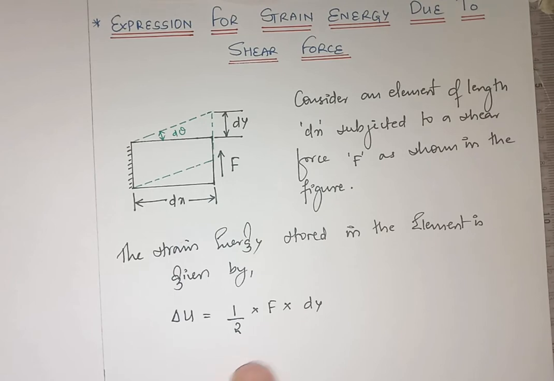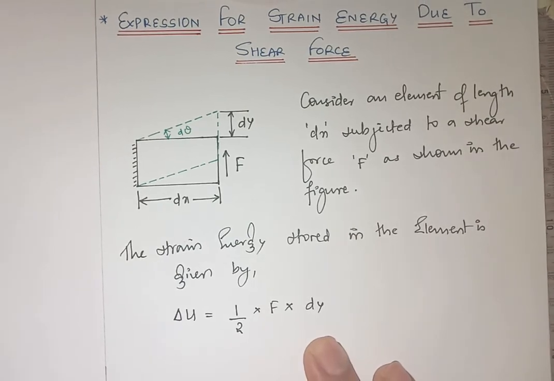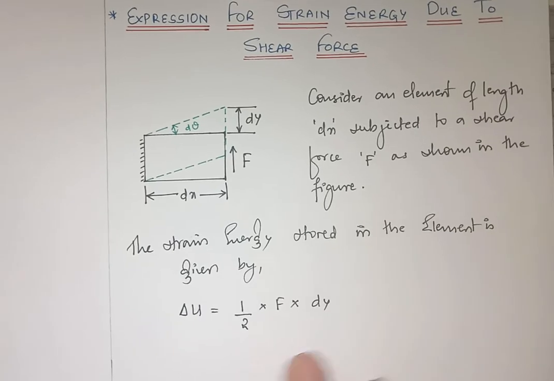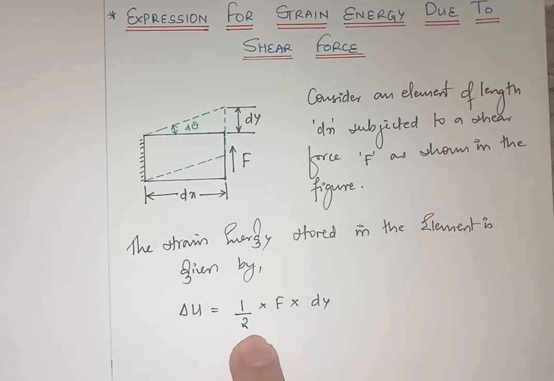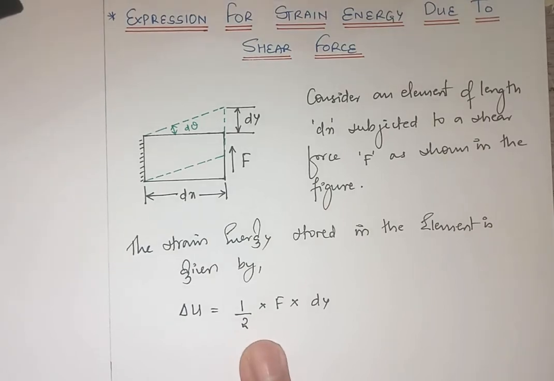I have taken that because it gives me the area under the load deflection curve, right? So you should not have a doubt at how I have taken this expression. If you are having that doubt, I request you to go to the previous derivation where I have derived an expression for an axial member subjected to an axial force, right? So from that I have taken this equation. Here the displacement is dy.